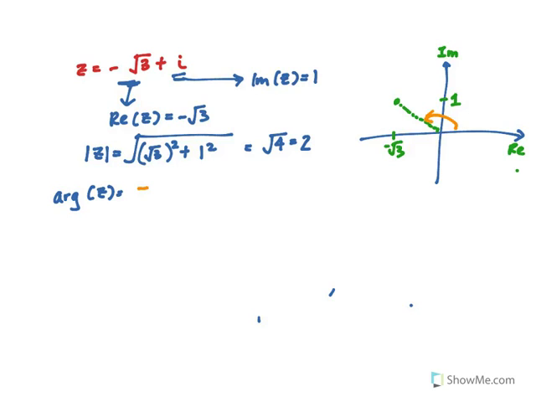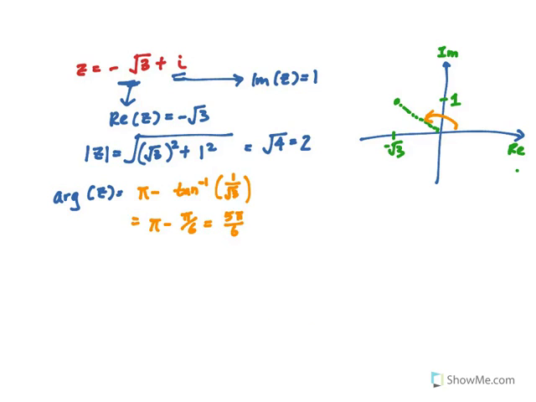So very quickly you can say this is pi minus tangent inverse of opposite over adjacent, so it's 1 over square root 3, and your answer comes out to be pi minus pi over 6, which is 5 pi over 6.